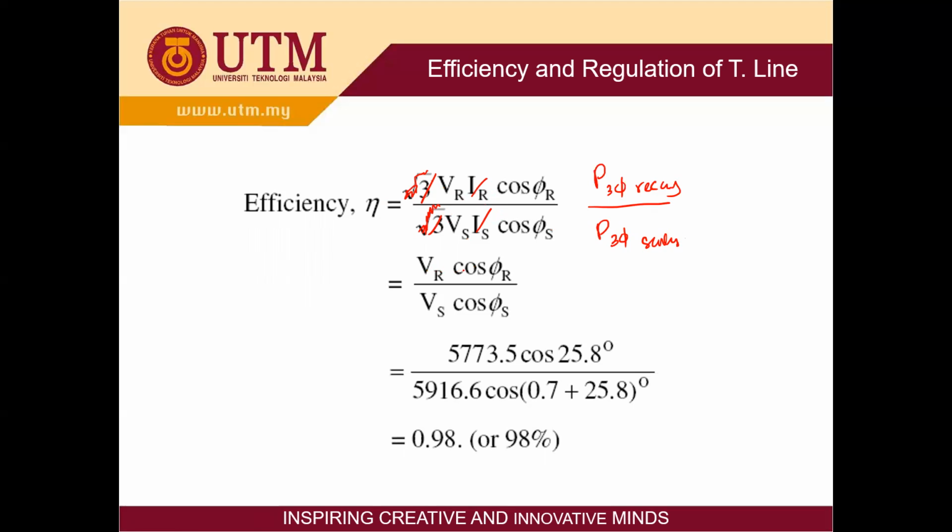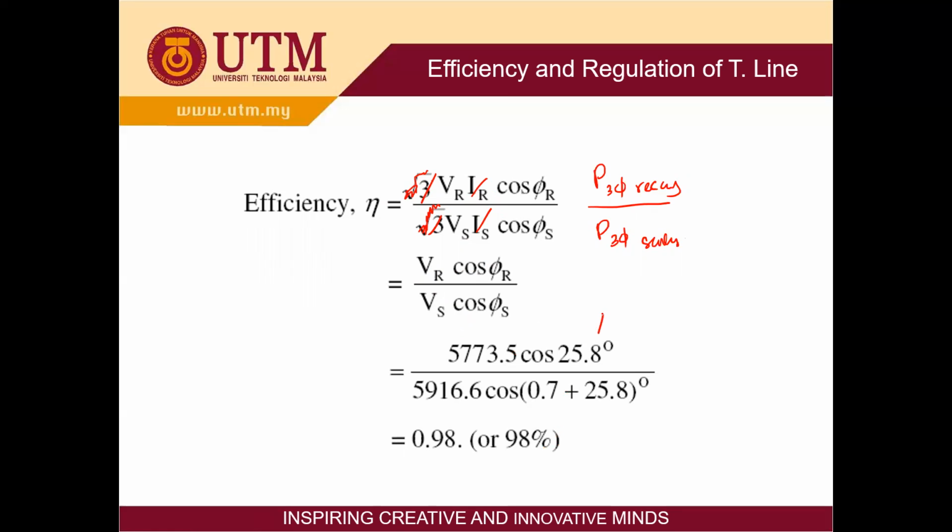The remaining is VR cos theta R over VS cos theta S. And from the previous example, your VR is 5773.5 multiplied by the cos of theta R, 25.8.